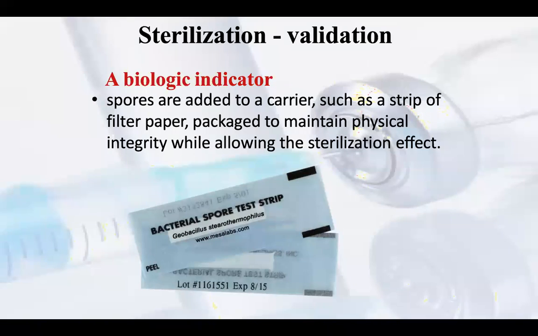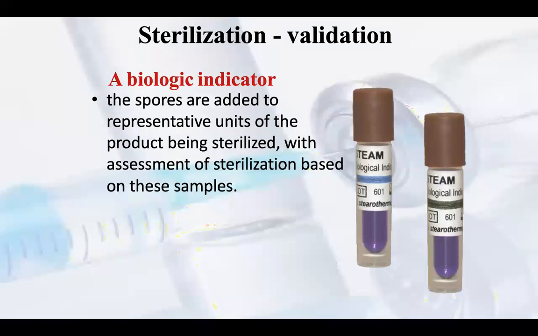In a biological indicator, spores are added to a carrier, such as a strip of filter paper, packed to maintain physical integrity while allowing the sterilization effect. So they put some strips of growth media or papers. If there is growth, it can be found there.